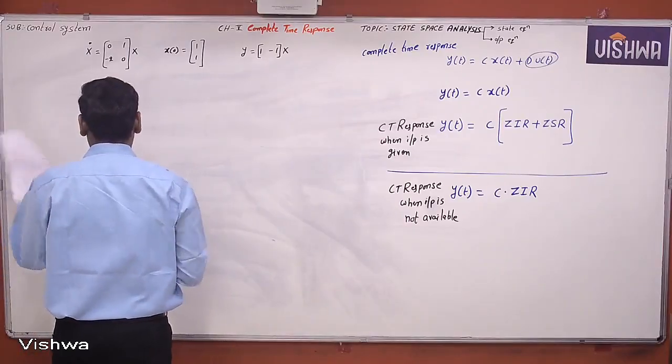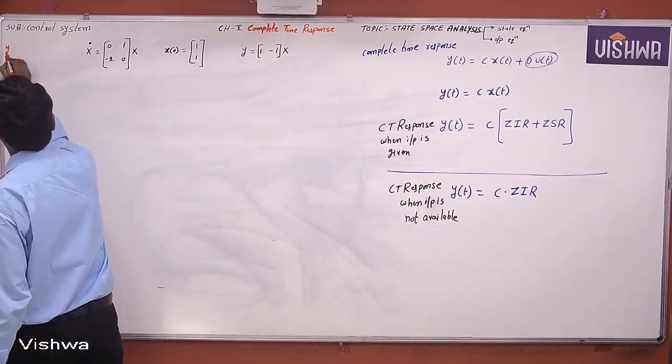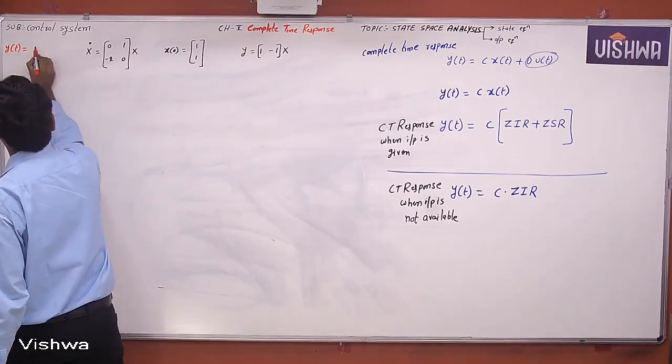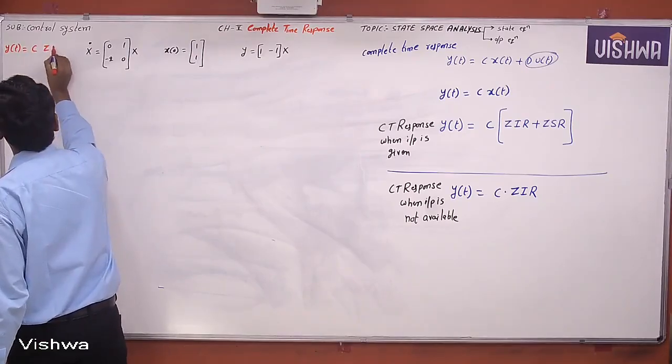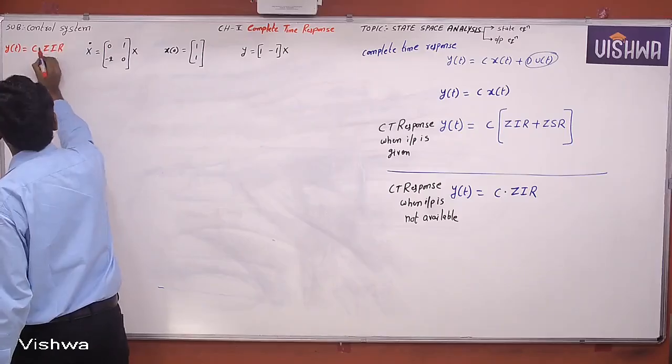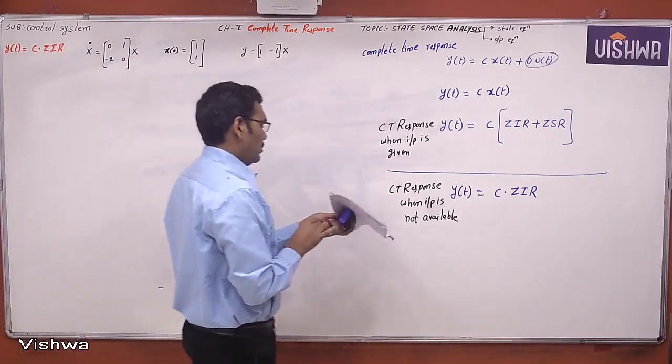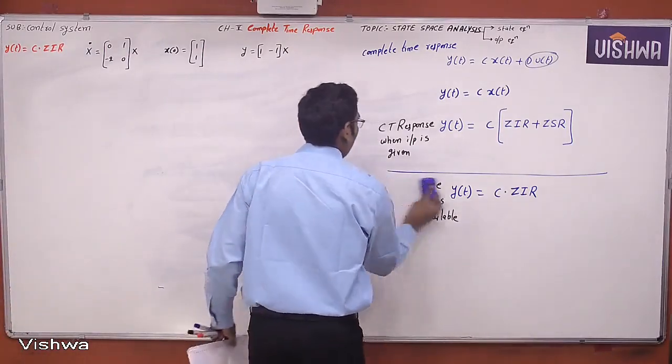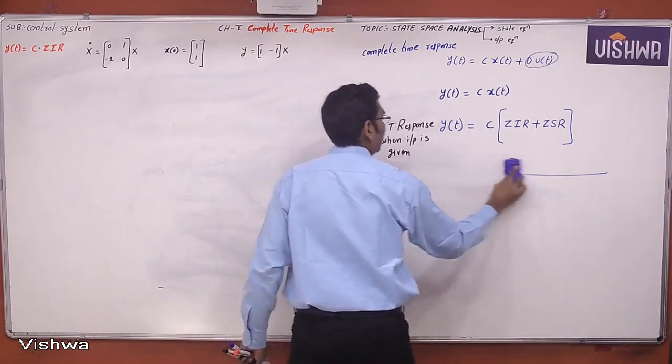So y of t is nothing but C into the zero input response, which is the final complete time response, because input is not available here. First we want to find the zero input response.